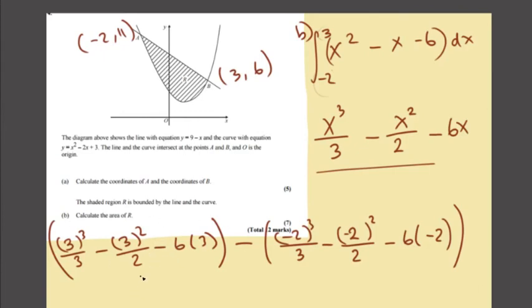Putting them in individually, you will get negative results here, so it's okay. Just do the maths, and when you're done, if there's still a negative, just forget about the negative, because this is an area. Area can't be negative. So we'll get negative 27 over 2.